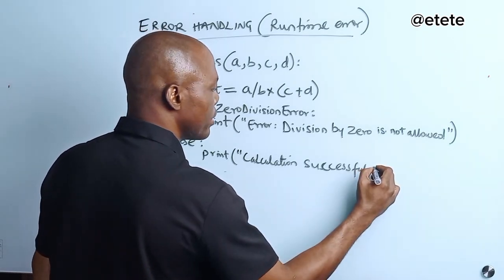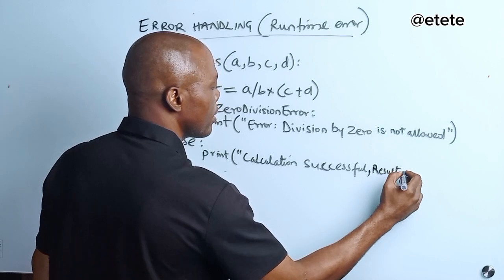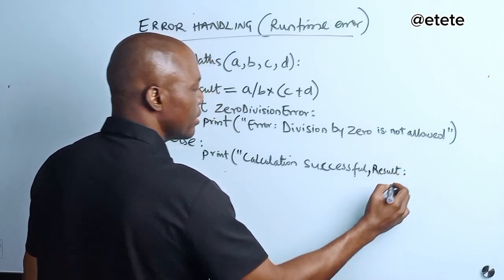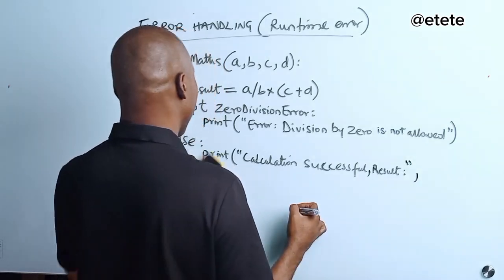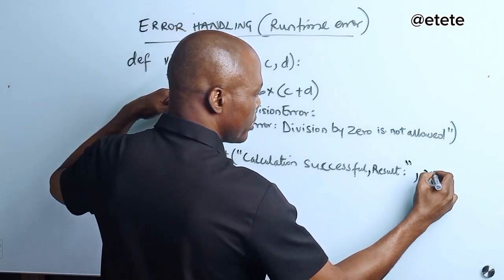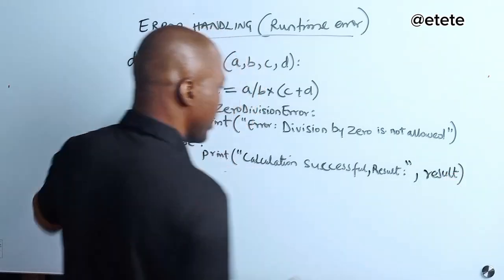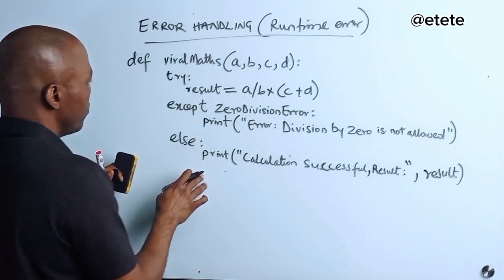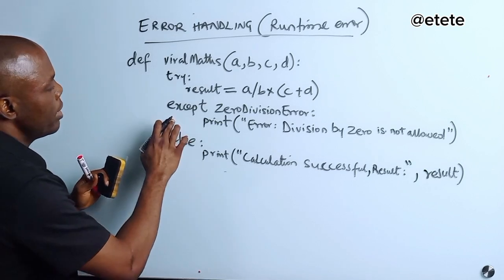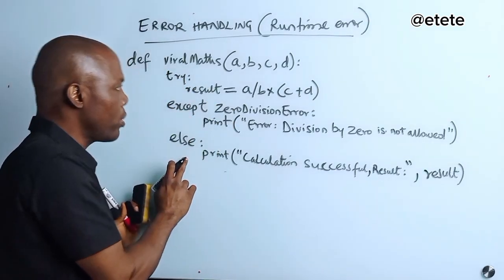Then here I will just say result is, then I'll close this, add a comma, then write my result here. So this is what I want to do, the try except else block.